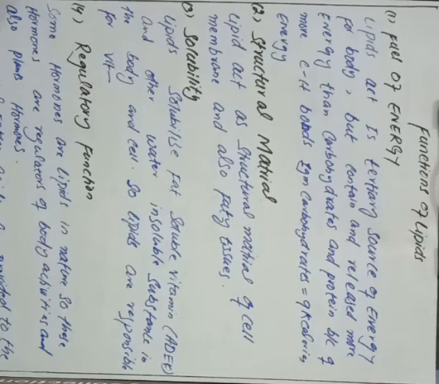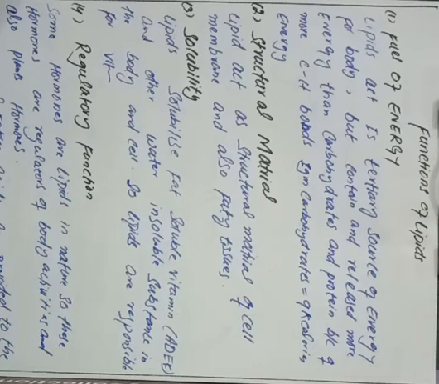Next point, structure material. What is meant by structure material? Structure material means that lipids form the structure of our body, our cells, and organisms. Lipids act as structure material of the cell membrane and also fatty tissue.